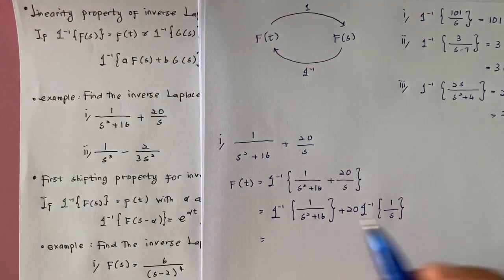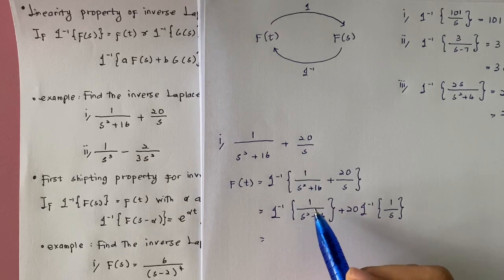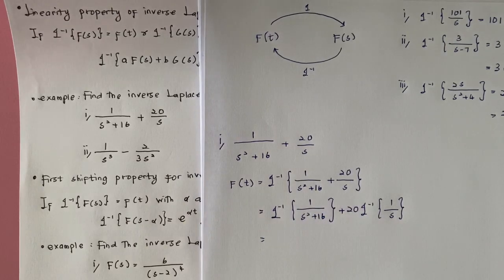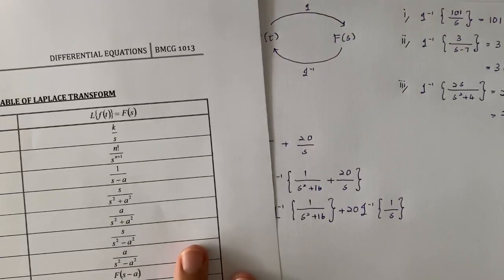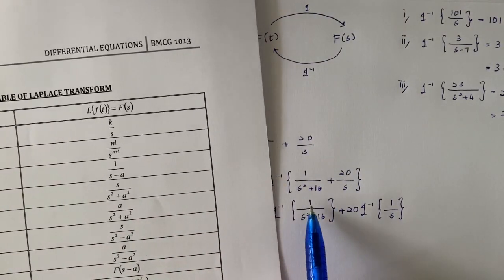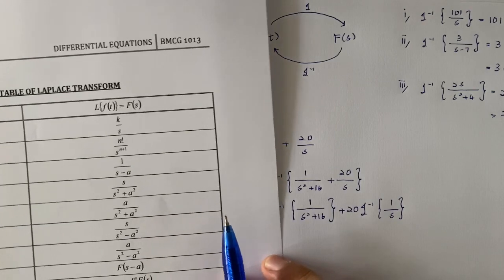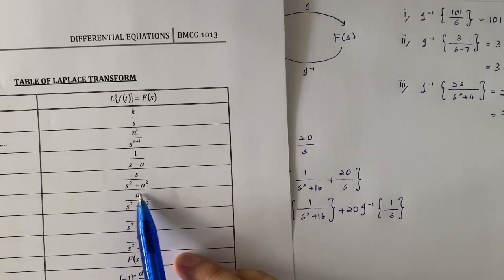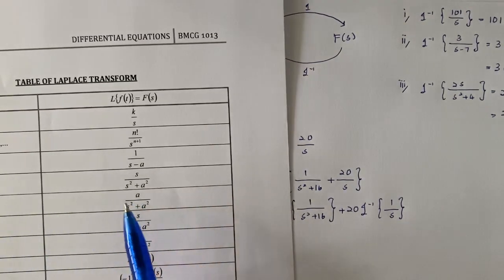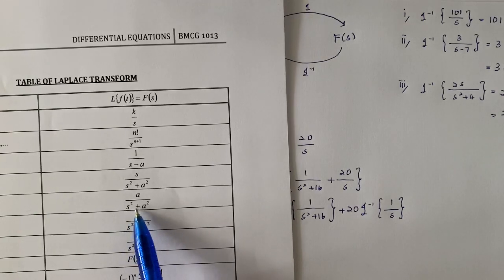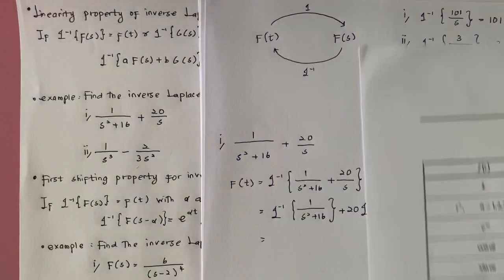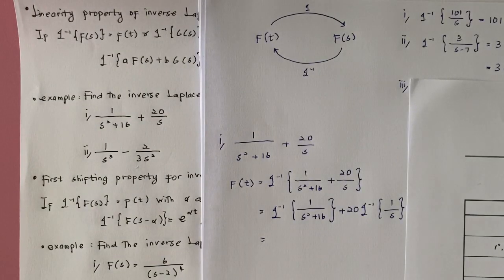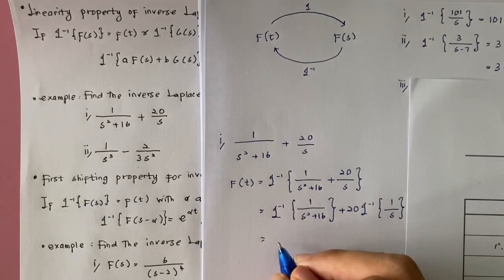So what is the inverse Laplace for 1 over s squared plus 16? Since we have 1 as a constant, we have sin at, which is a over s squared plus a squared.